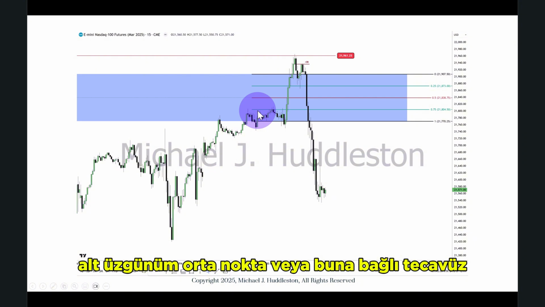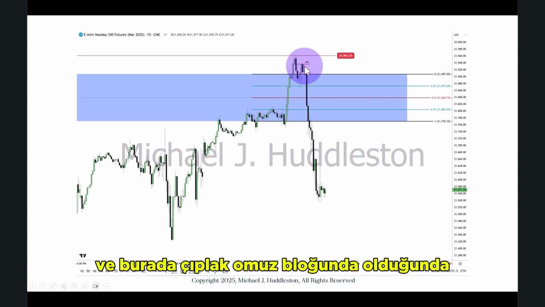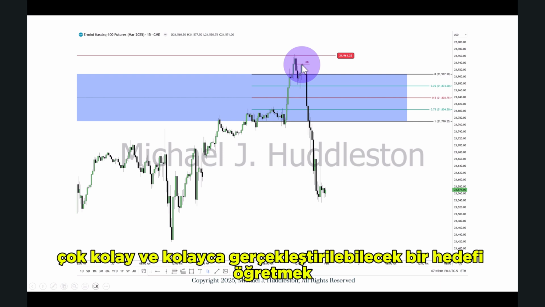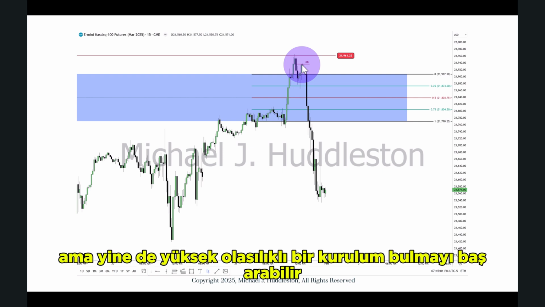Midpoint or consequent encroachment. And here is the lower quadrant and the low. And when it was up here at the bearish order block, to teach a very easy, low-hanging fruit objective, trading inside the range, not requiring it to go very far, but still be able to find a high probability setup to reach for.